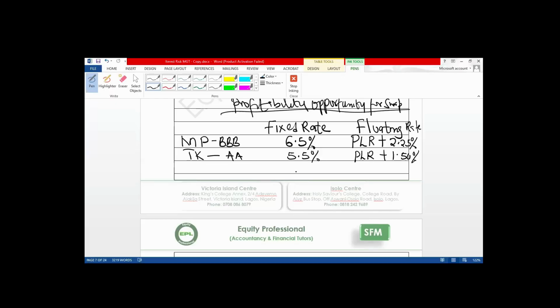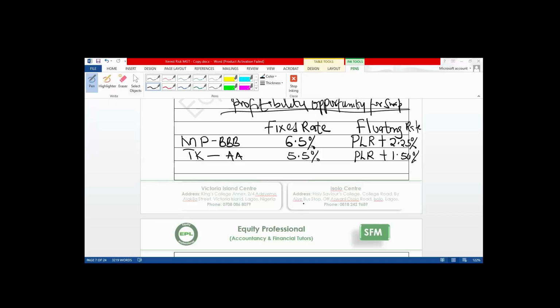Now the two of them want to go into a swap. As in the question, PLR, prime lending rate. Please ensure you open the question. It's in the question.